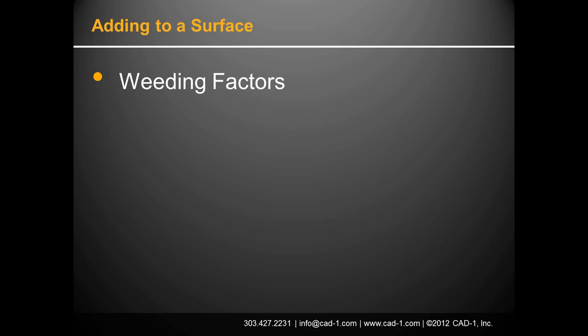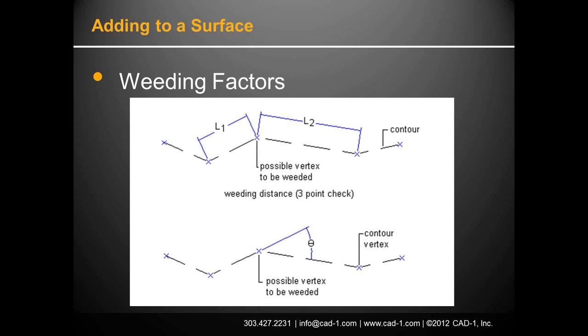So weeding factors, what do they do? Well, I copied this right out of the help. We have two different things that we can apply for our weeding factors: a length value and an angle value. The length basically says, okay, I've got these 3 vertices here. What's the length between them?